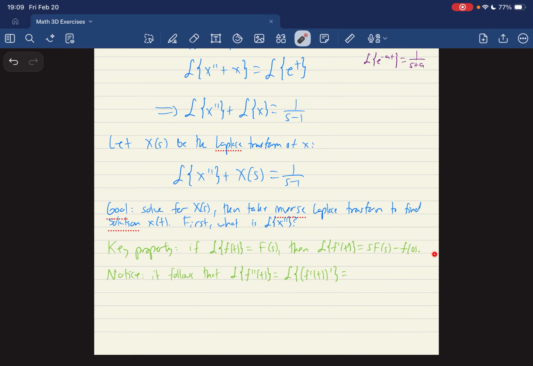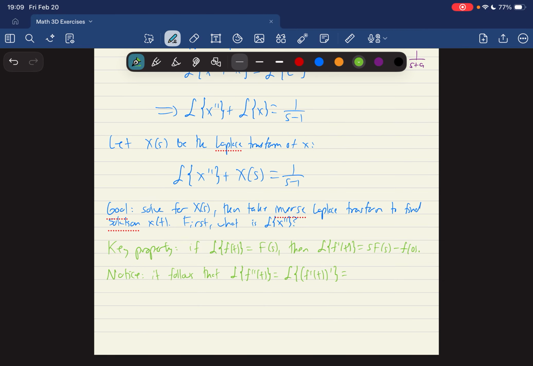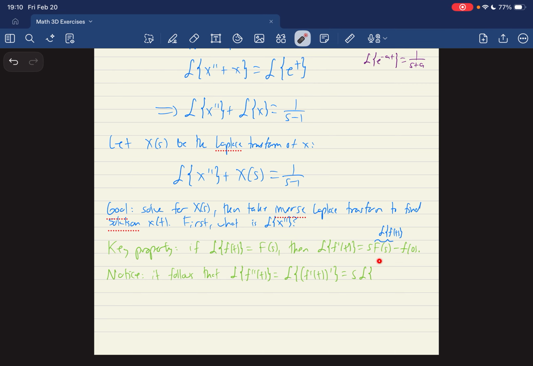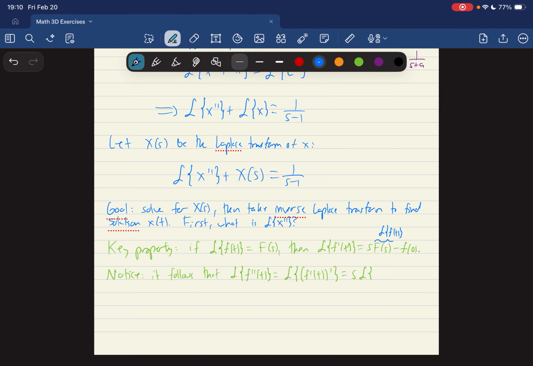So using this formula here, the Laplace transform of the second derivative is going to be s times the Laplace transform of f prime of t. We're just applying this formula for the Laplace transform of the derivative, but instead, our little f is actually f prime. And therefore, our capital F is going to be the Laplace transform of little f prime.